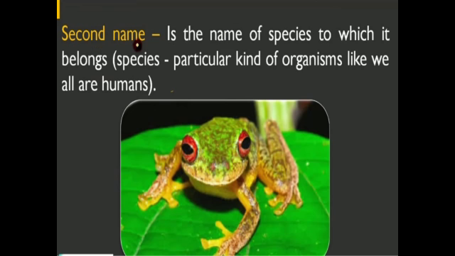The second name is the name of the species, to which it belongs. Species is the particular kind of organism, like we are all humans. That is the recognition. That is the species. It is the second name.